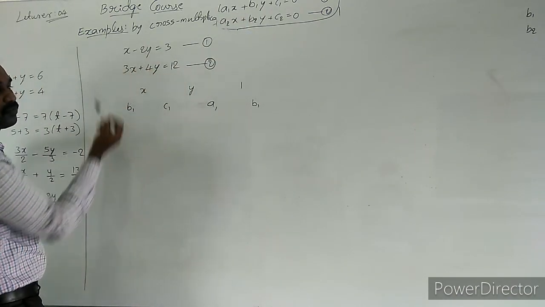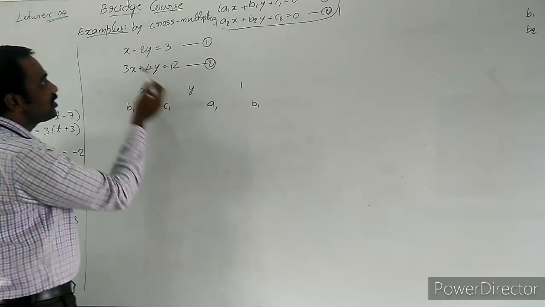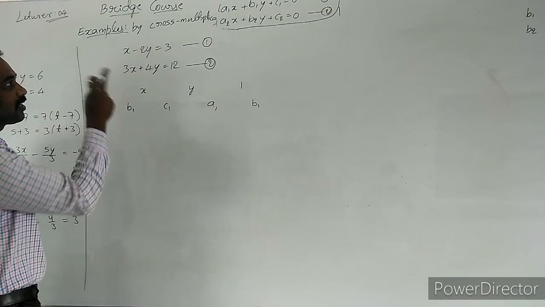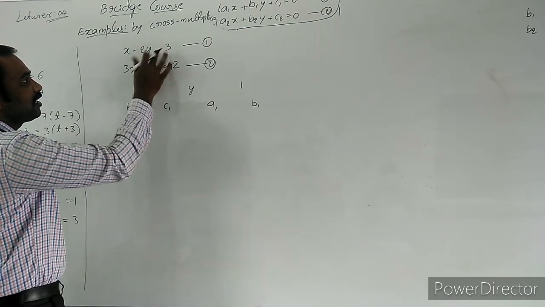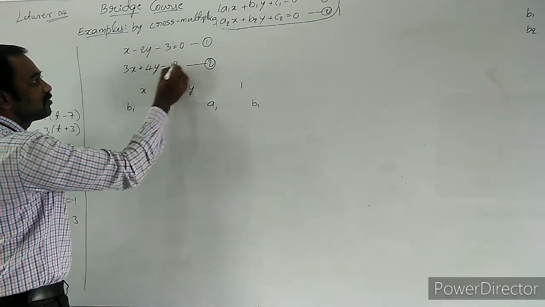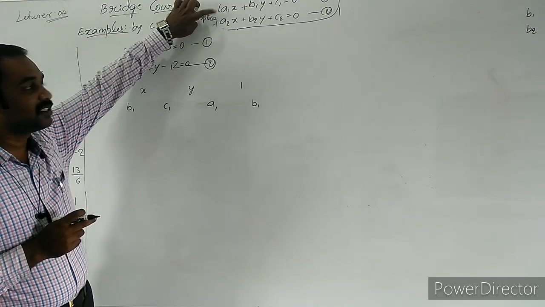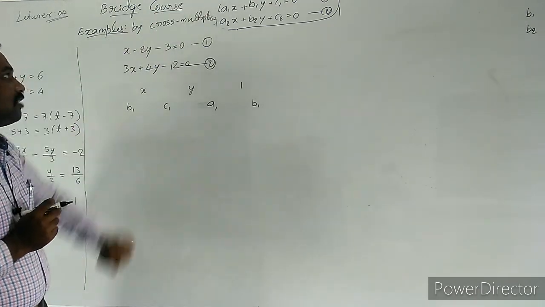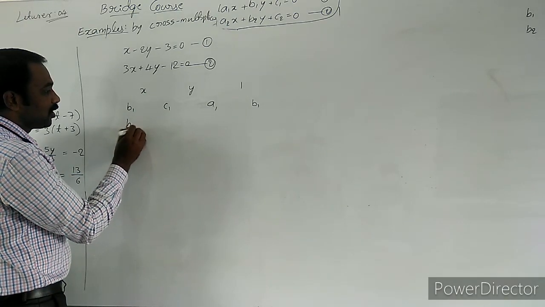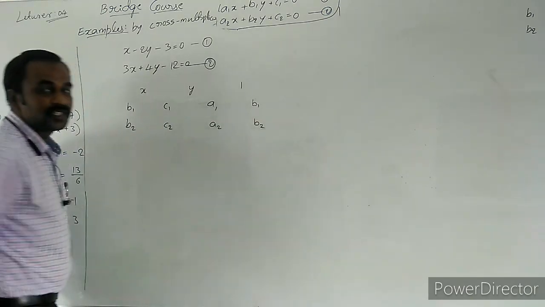Coefficient b1 is the y coefficient, c1 is the constant, and a1 is the x coefficient. Again, b1 is the y coefficient. Now we can rewrite this value. This can be written as minus 3 is equal to 0, and this is minus 12 is equal to 0, because I have taken this as the standard form of the simultaneous linear equation. Again, for equation number 2: b2, c2, a2, b2.